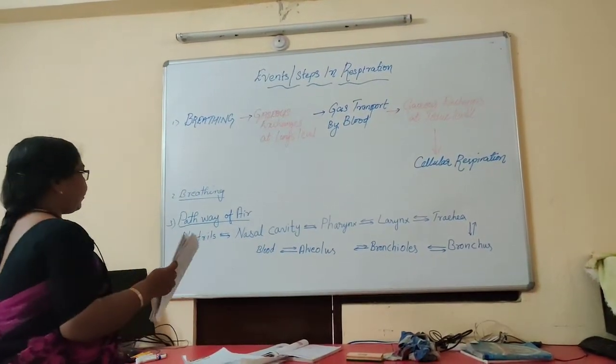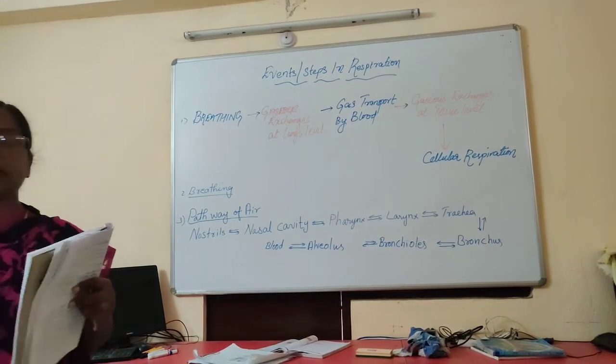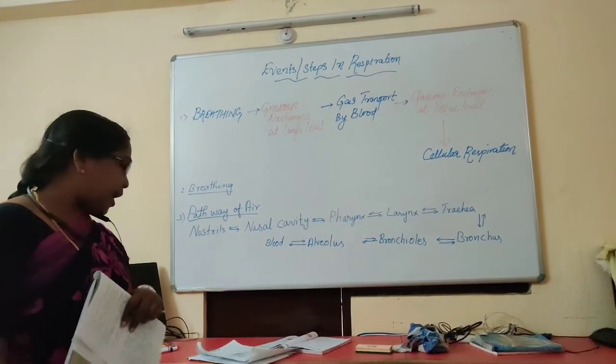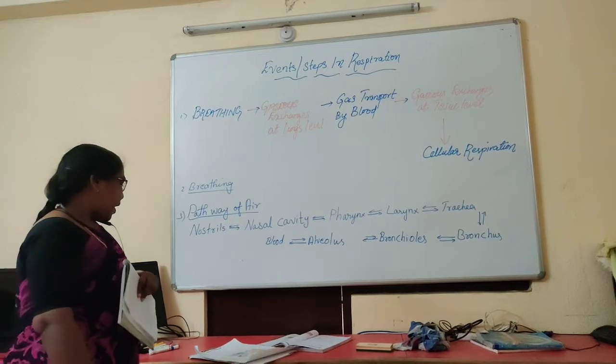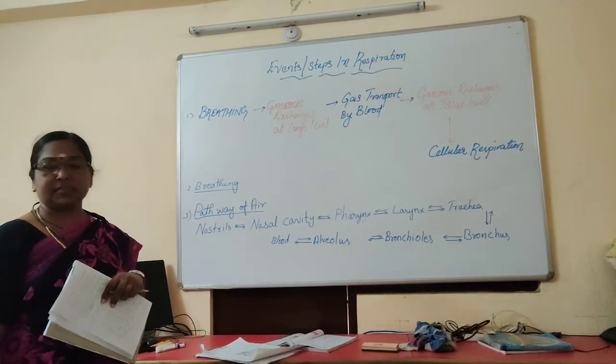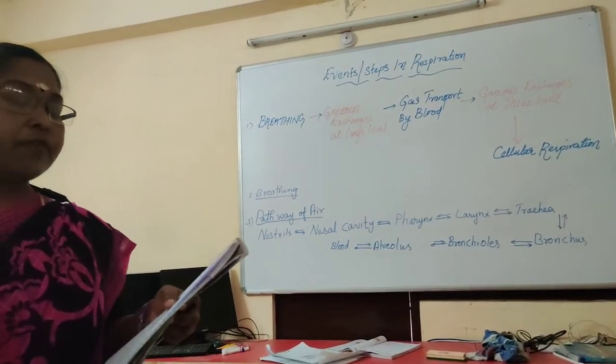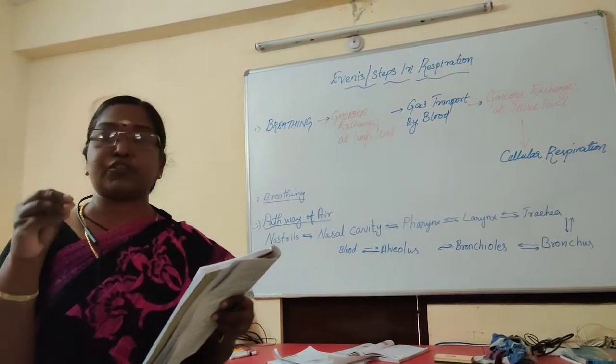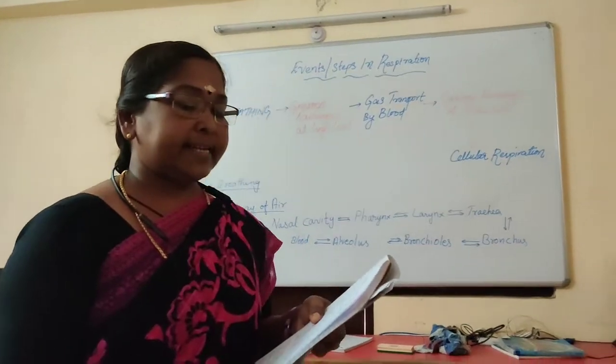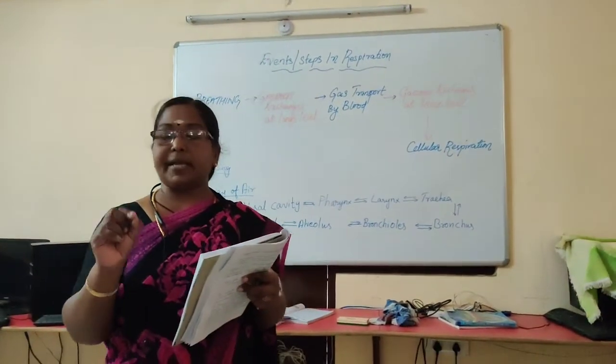Next I am going to teach the epiglottis and the passage of air. Where is the epiglottis present? It is present in the pharynx. From the nasal cavity, the air goes into the pharynx. There is a tricky problem here.